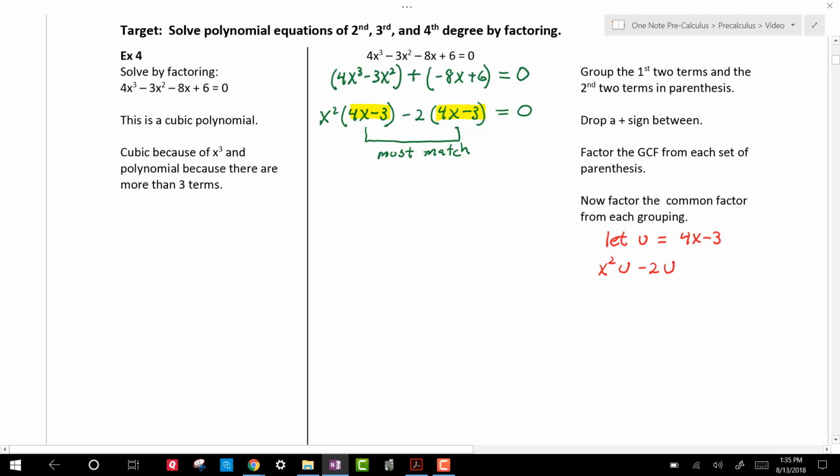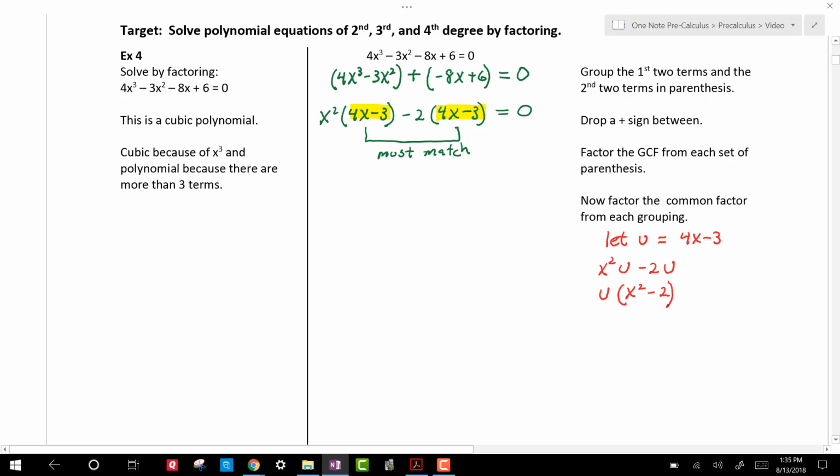Now if I said factor the common factor from each one of those, it should be obvious that U is the common factor. So I would factor out a U, and I would have x squared minus 2 left over.